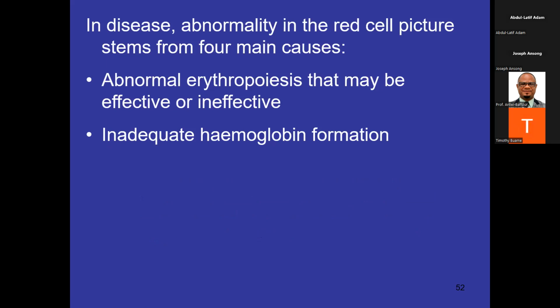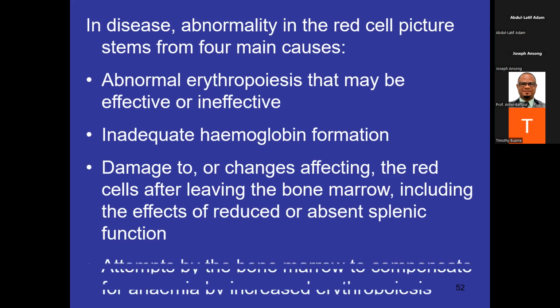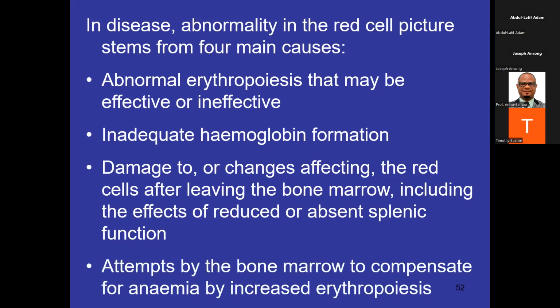So in disease, abnormality in red cell picture stems from four main causes. Either there is abnormal erythropoiesis, that is reduction, maybe infection or inadequate inflammation, or damage to the red cell after the bone marrow, or the bone marrow is affected.